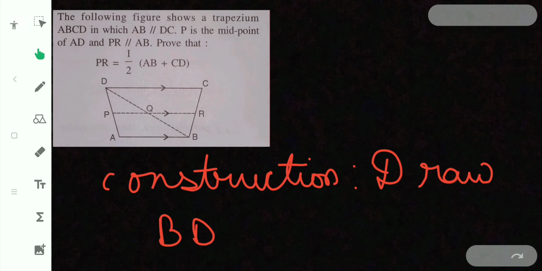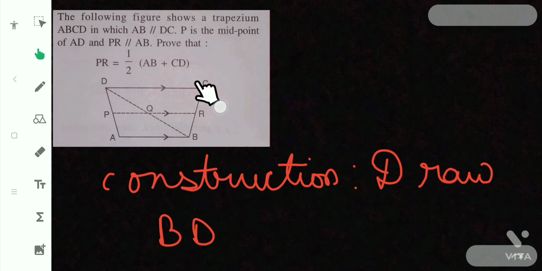A line parallel to another line and joining from one midpoint to another, that is called converse of midpoint theorem. There we can apply it. So that will be bisecting the third side, so that will bisect BC, this line.